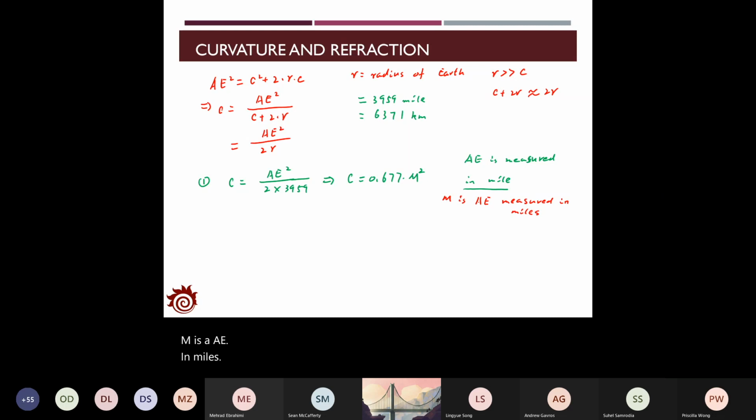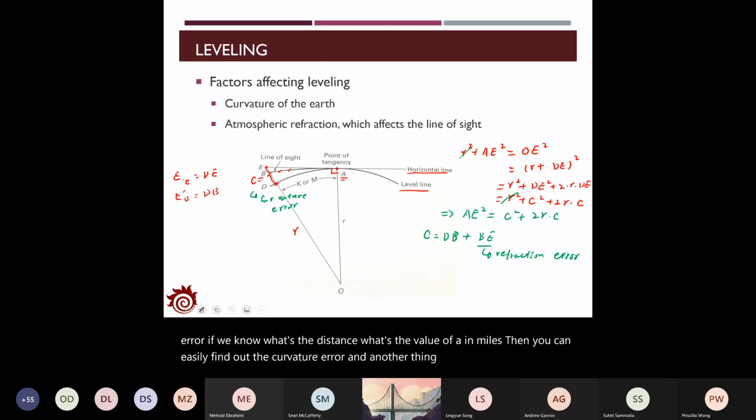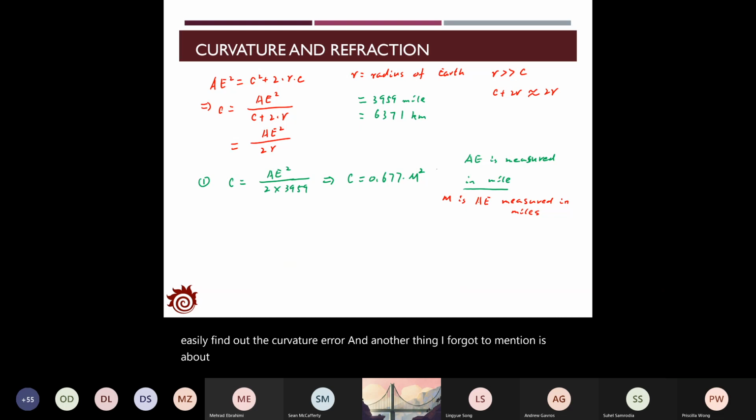So that's the equation for you to calculate the curvature error. If we know the value of AE in miles, you can easily find the curvature error. Another thing I forgot to mention is the unit: if you apply this equation, the unit of the curvature error is in feet.